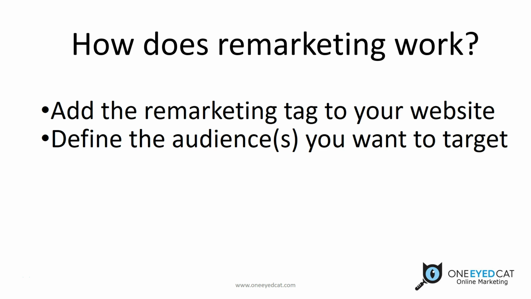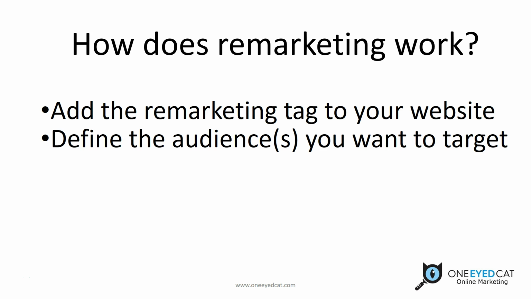So once you've got your tag on your website, you then define the lists or audiences that you want to build, so which groups of people you want to build an audience for that you can then target with remarketing. It will be things like either everybody who visited my website, everybody who added something to my shopping cart, everybody who visited this page, or everybody who spent more than 5 minutes on my site.